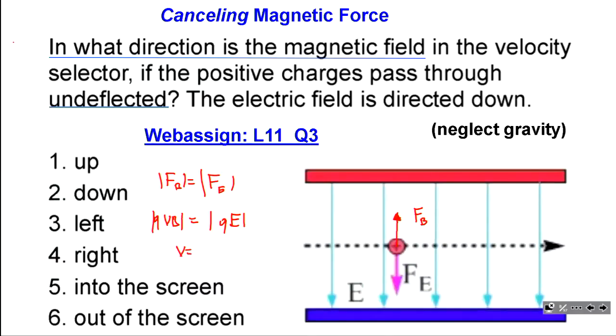Turns out for any charge, positive, negative, doesn't matter. As long as speed has a certain value, which is equal to this ratio, charge will travel not affected by the fields, like they just don't exist. But the speed of this charge must have exactly the right value.